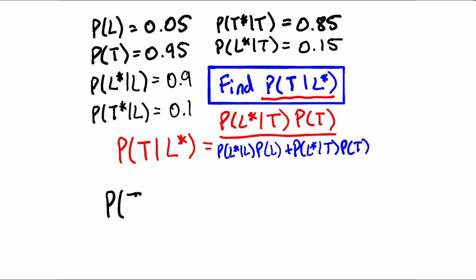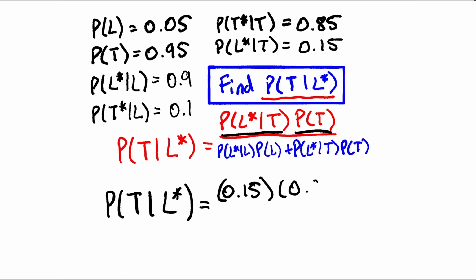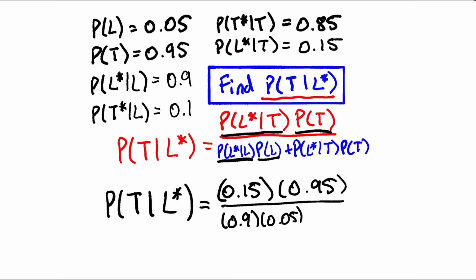So the probability that you're actually telling the truth, given that the lie detector says you are lying, equals probability of L star given T, 0.15, times probability of T, 0.95, divided by probability of L star given L, which is 0.9, times probability of L, which is 0.05, plus probability of L star given T, which is 0.15, times probability of T, which is 0.95.